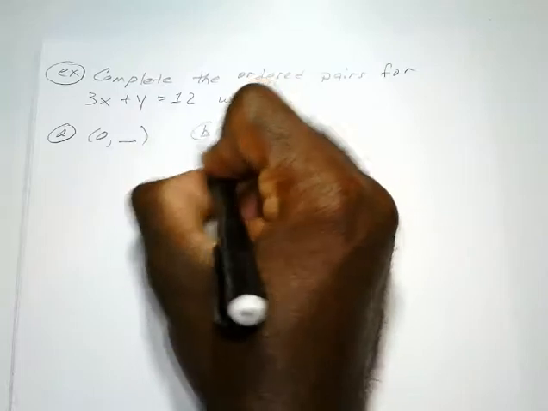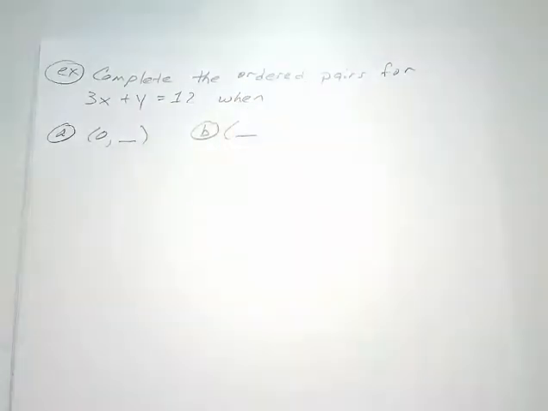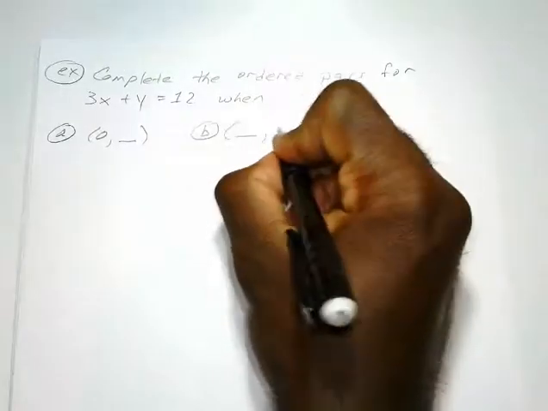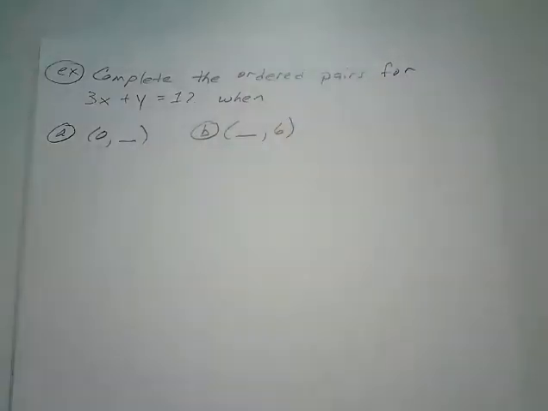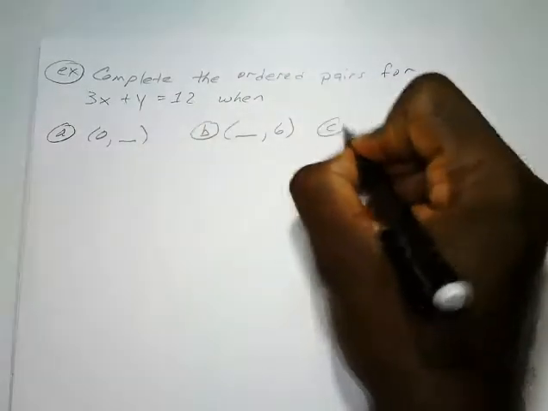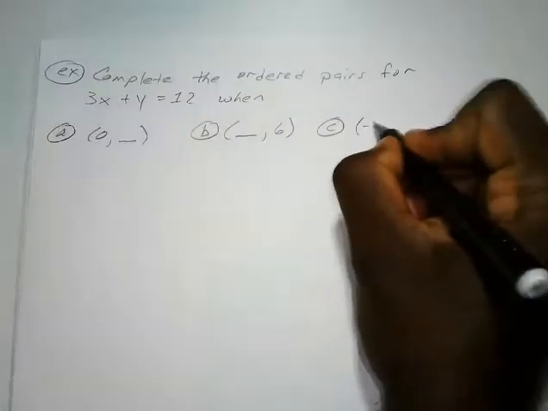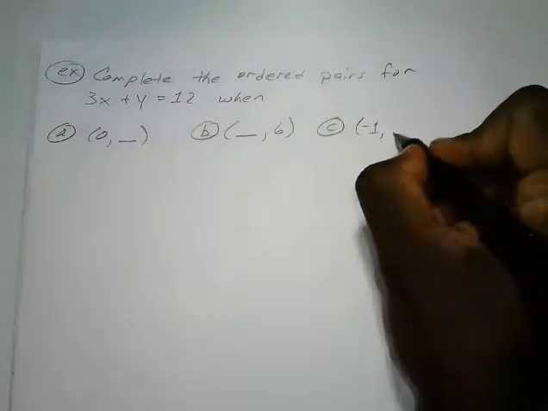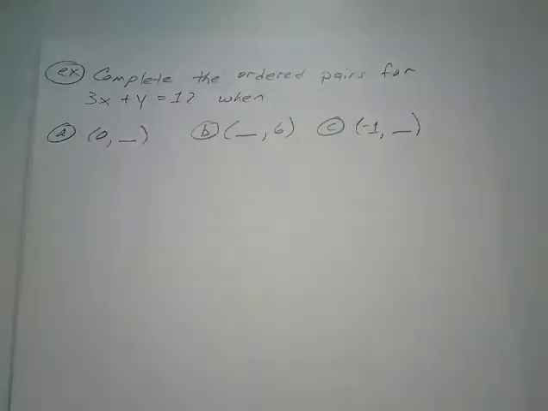Let's say for problem B, we don't know the first element, but our second element is 6. And let's say for C, we know the first is -1, and the second element is unknown.